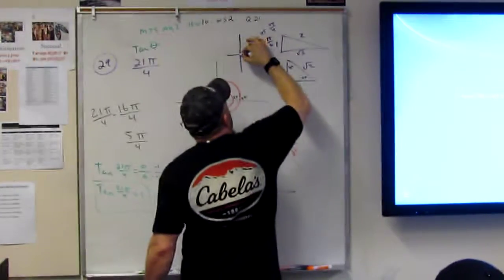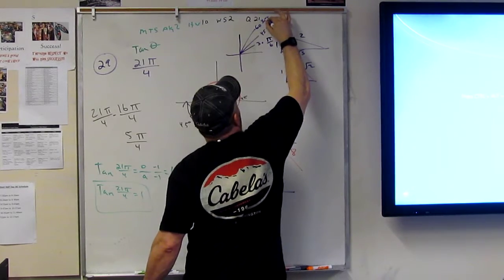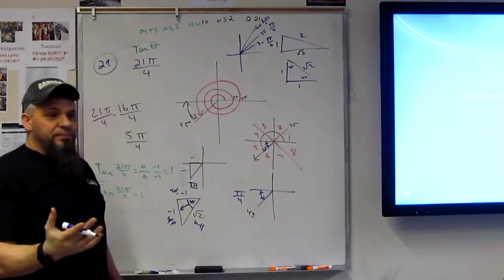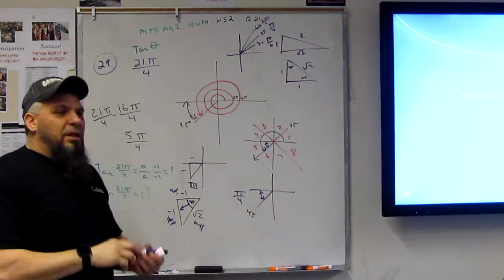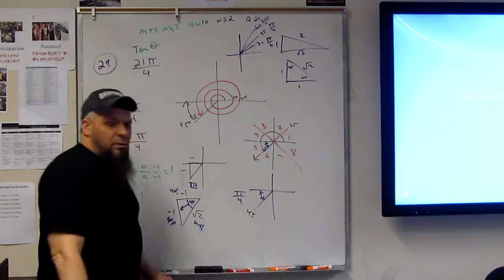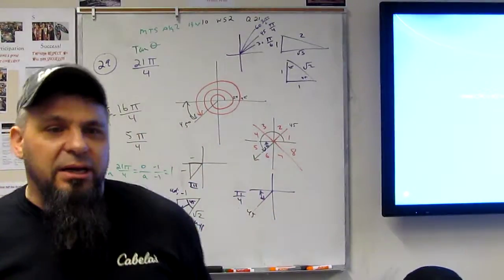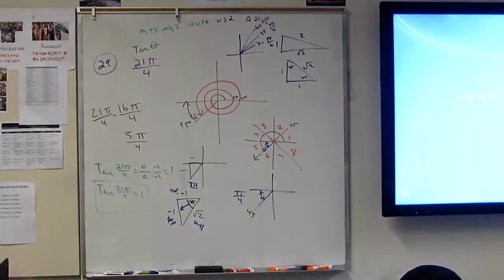And 60 is 2 pieces of pi over 6, right? Okay. Light bulb, nice. That's huge. Okay? And once we have those, we can just keep working it and working it, okay? Good.